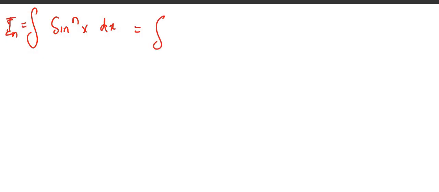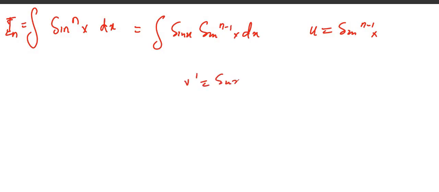We're going to break down the sine into being sine x and sine to the power n minus 1, then dx, so that we just get two portions. We're going to let the one that has a bigger power, which is sine n minus 1 of x, be our u, so that we can get our v prime as sine x.